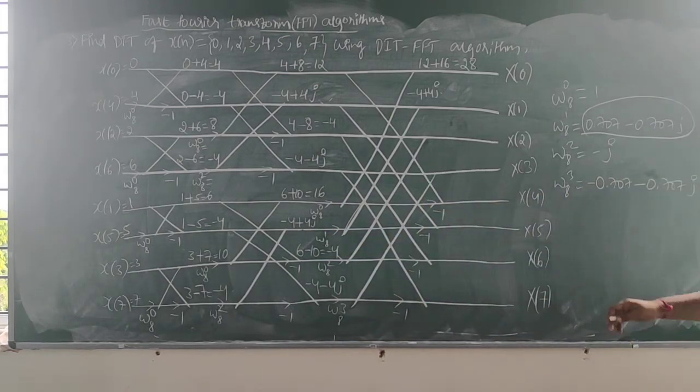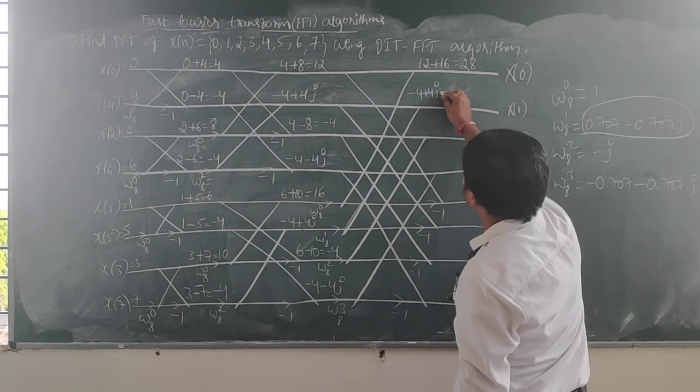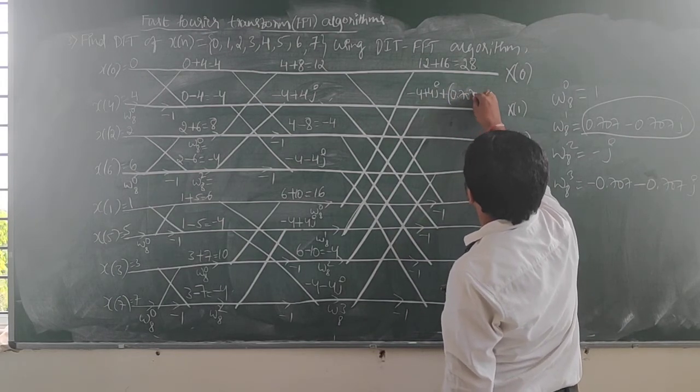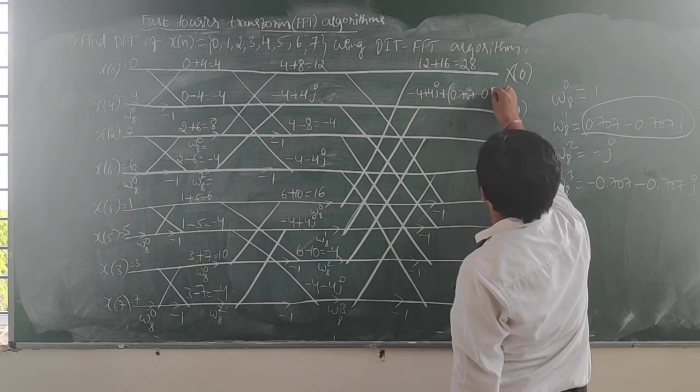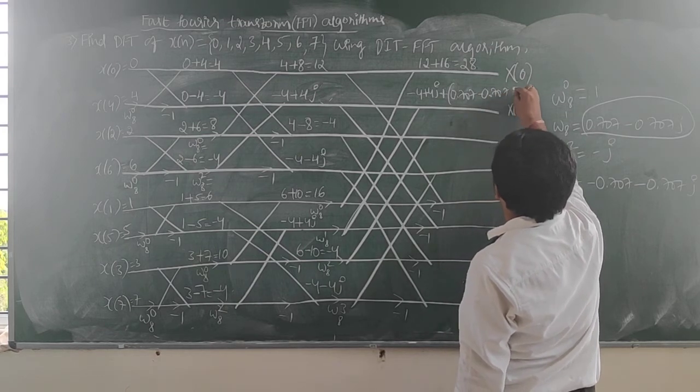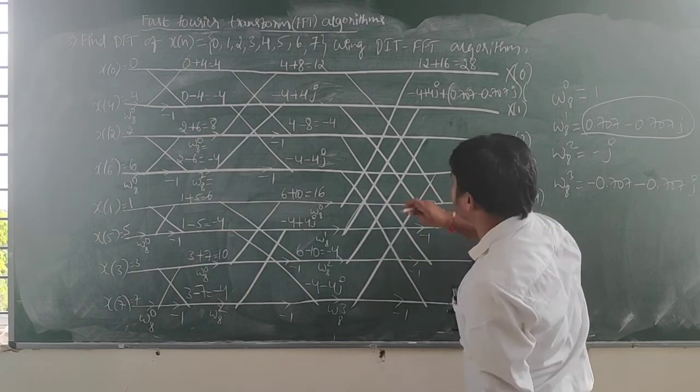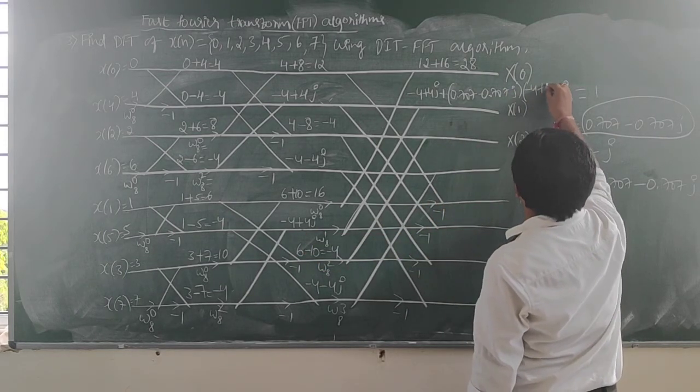Plus 0.707 minus 0.707j into minus 4 plus 4j.